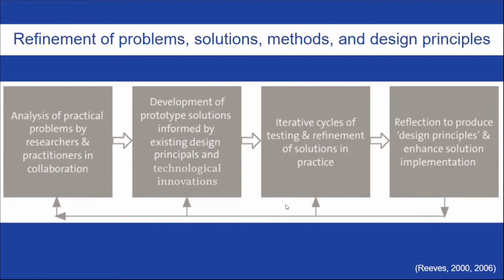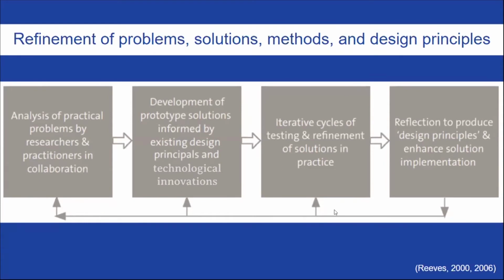We have iterative cycles of testing and refinement of solutions in practice, and we have reflection to produce theory, design principles, and enhanced solution implementation. These arrows here represent the iterative or cyclical characteristics of the process.